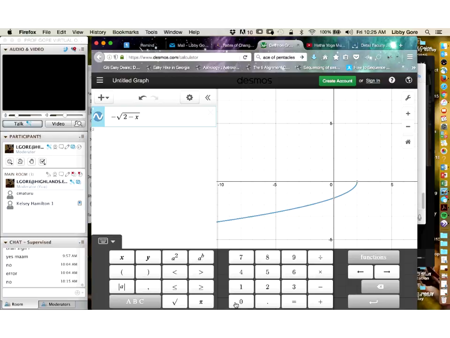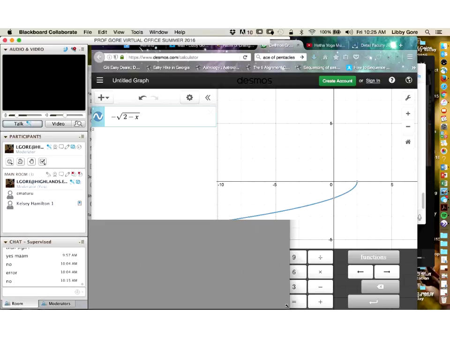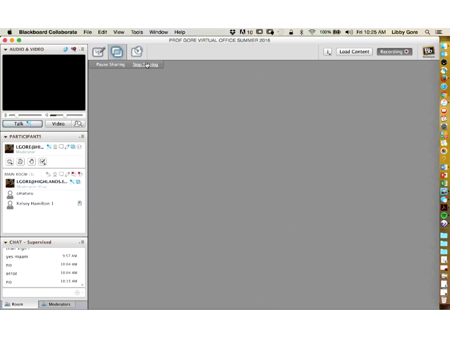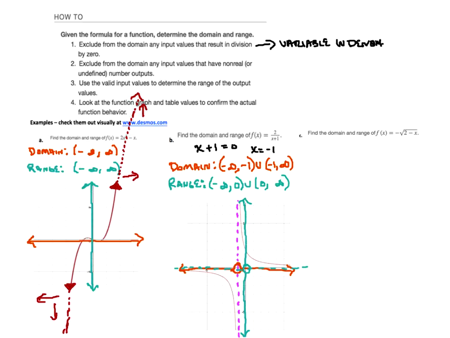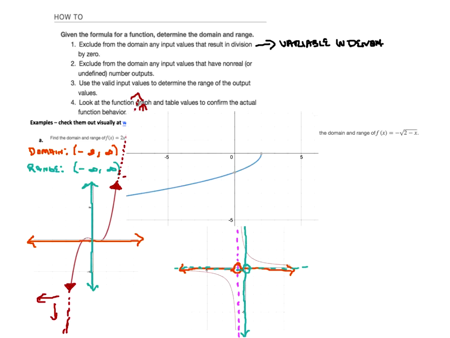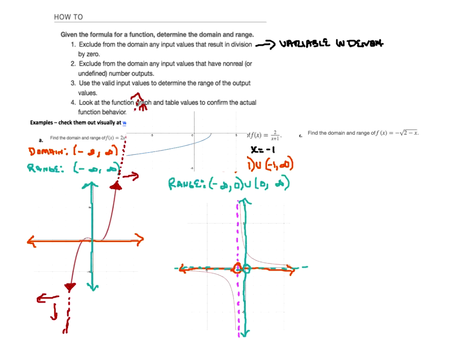There we go. Okay, so let me grab a picture of it. And we'll come back to the whiteboard and paste it here. Make it smaller. Fit it. Okay.